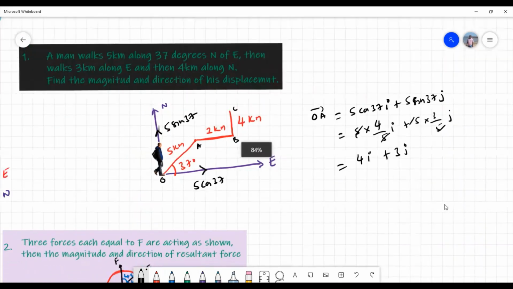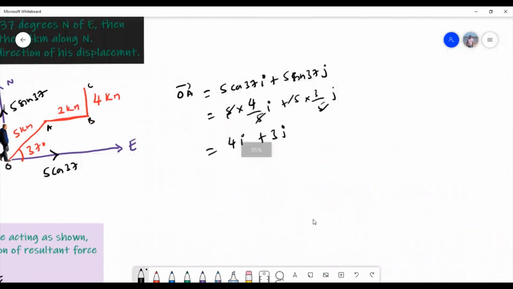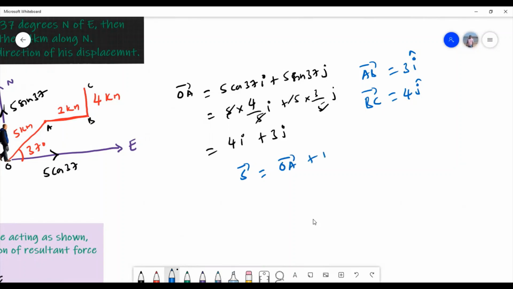So let's leave it like this. Now what is AB bar? Very simple. AB bar is along east, so simply write this as 3i cap. What is BC bar? Along north. So BC bar is simply 4j cap. Overall, the displacement vector S bar is OA bar plus AB bar plus BC bar.